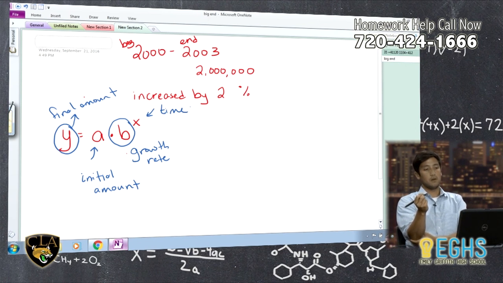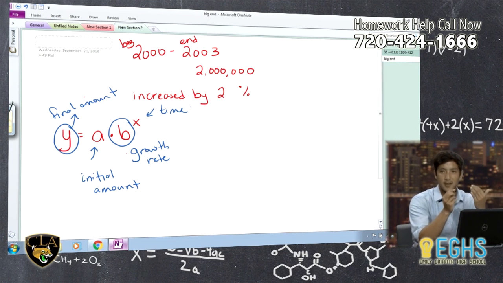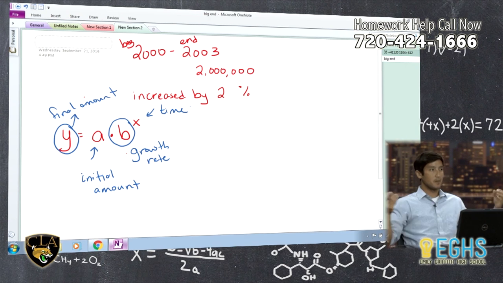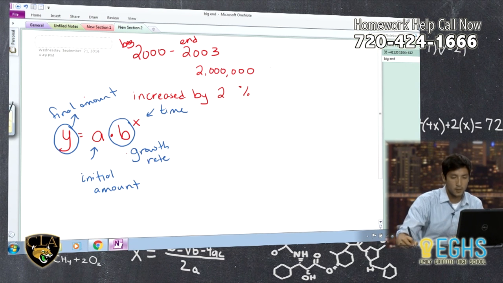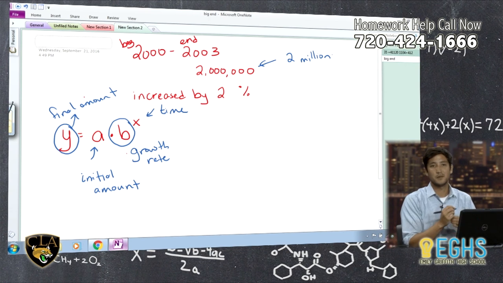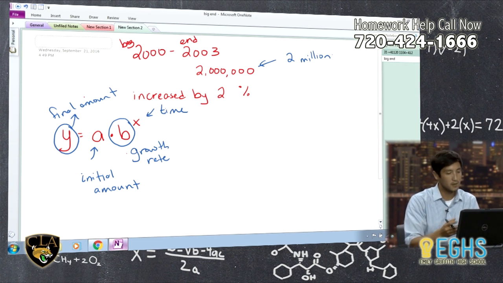We can think about this a couple ways. When I have these really big numbers, like 2 million, a nice, even, really big number, I usually just go with 2. Becca, is that something you do, or do you just go 2 million? I usually do too. So I'm going to convert this to 2 million, because as you're working through these math problems, sometimes we have really ugly, big numbers that make it challenging on a calculator even.